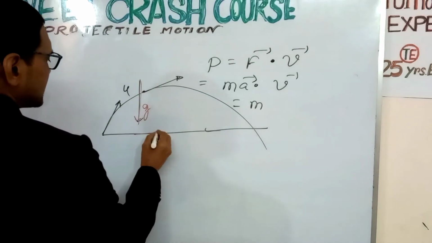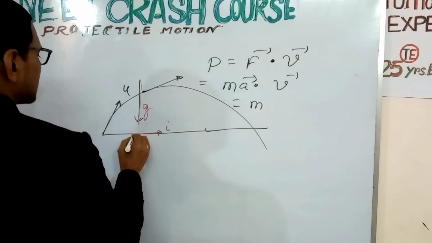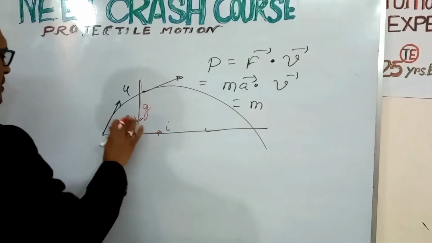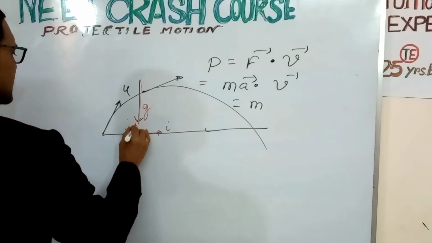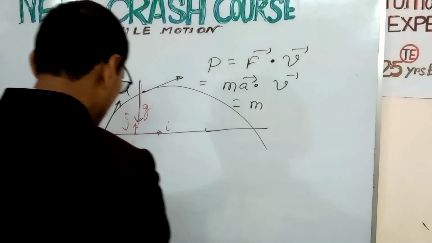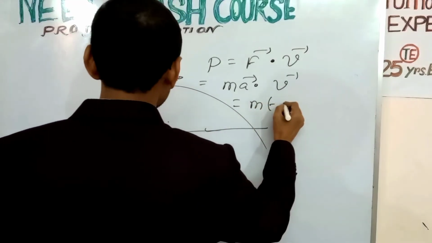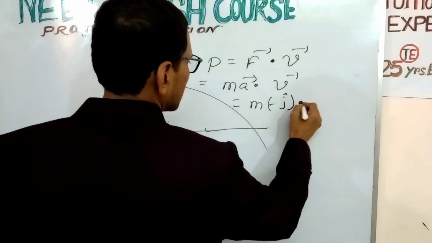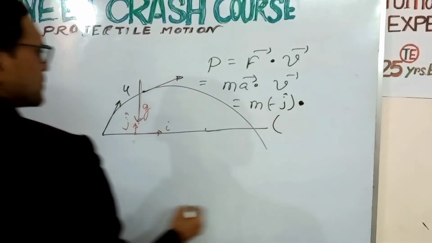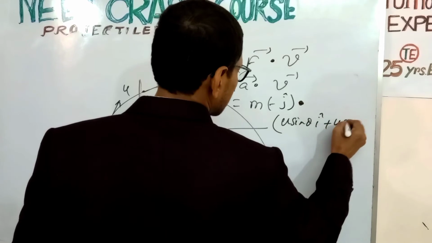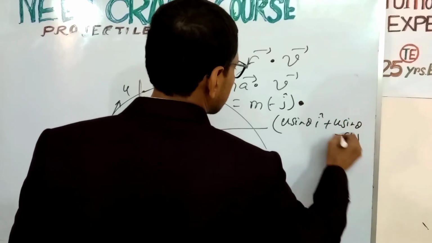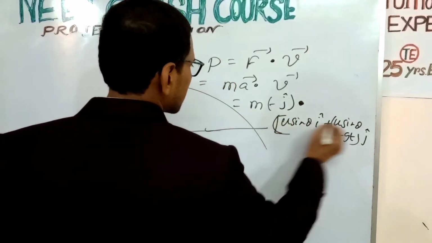So if we take this as i and this as j, then ma equal to m into minus j, dot the velocity. What is the velocity vector? Velocity vector equal to u cos theta i plus (u sin theta minus gt) j. This is the velocity vector.